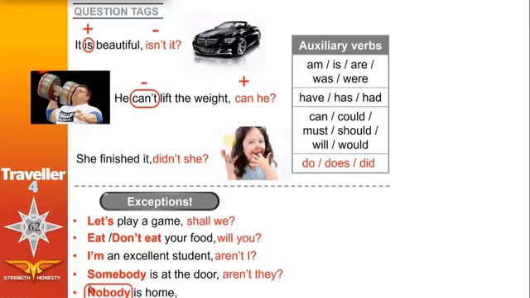Every time you start with nobody, nobody's home, you finish with are they? Only these 5 exceptions. Can you remember them? I hope you can. Let's, and then commands when you start with eat or don't eat. I am, somebody, and nobody. I think you can remember that.